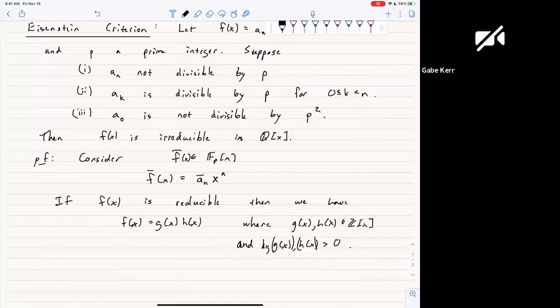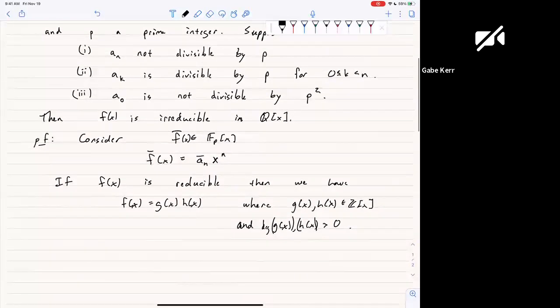Okay, but then going mod P is a homomorphism of rings. There's a homomorphism of rings from Z[x] to F_P[x]. So that means a_n x^n, which is equal to F bar of x, which is equal to the product of these two, is equal to G bar of x times H bar.